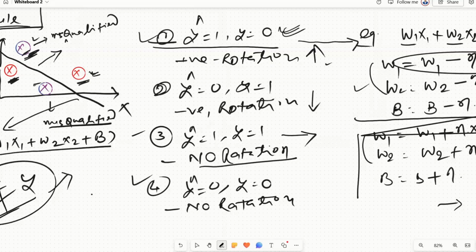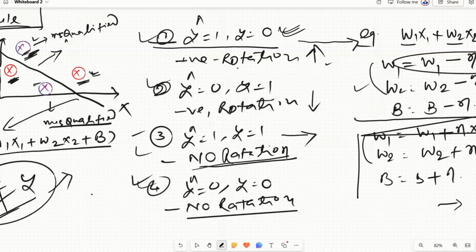The second case also not matching. The third and fourth cases, when both are matching, my y predict and y actual are matching. Then in these third and fourth cases, we don't have to do any rotation or update. Only in the first two cases, when y prediction and y actual are not matching, we have to do rotation.